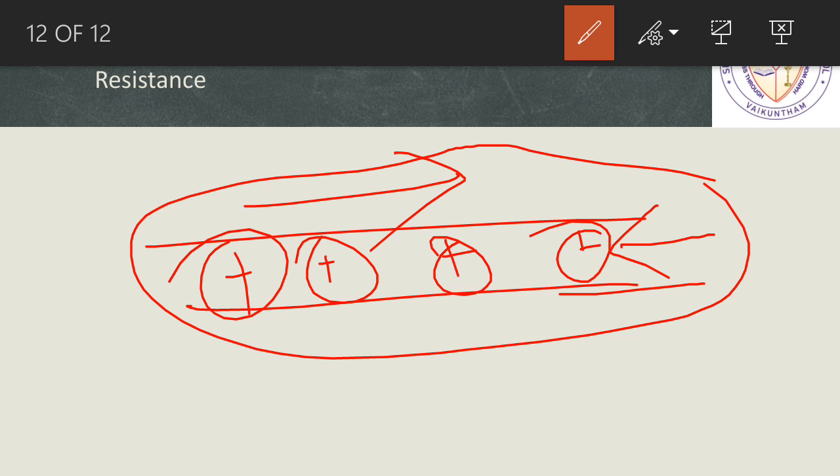Similarly, in the case of electricity or electric charges, we have a kind of resistance offered by the property of that material. It is due to the material nature. So it opposes the flow of the current.